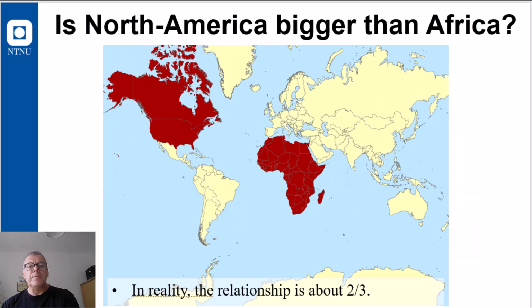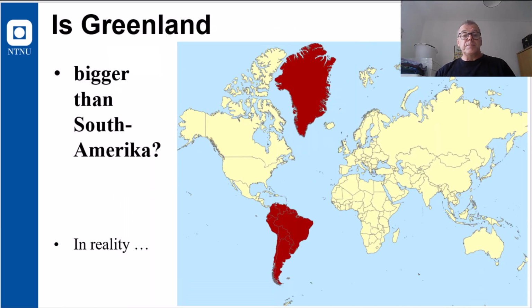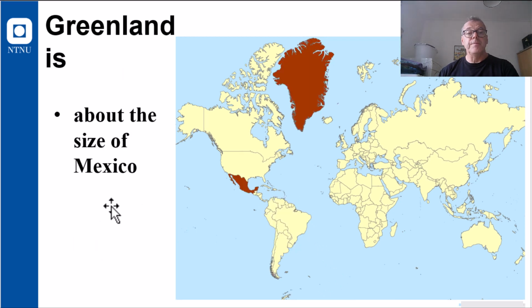Another example: North America appears bigger than Africa in Mercator projection, but in reality, the relationship is about 2/3. And Greenland seems to be bigger than South America, whereas in reality, Greenland is about the size of Mexico. But it doesn't appear that way in the Mercator projection.